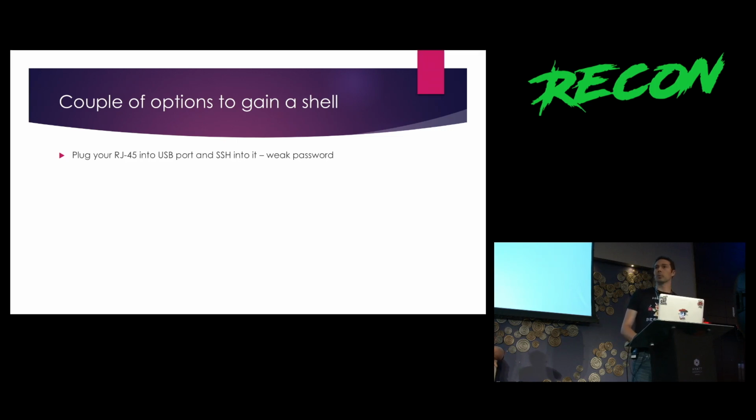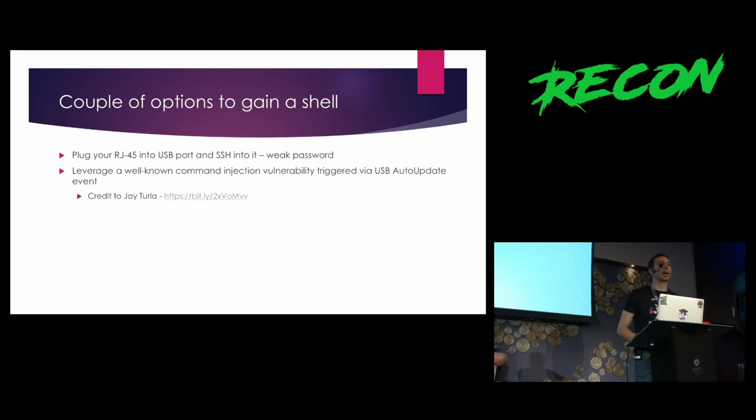But we kept exploring other venues. Soon we realized that last year, Jay Turla made popular a vulnerability that is a command injection in one of the components in the infotainment system, which I will explain a little bit more. This was also very nice because it affects firmwares earlier than version 55, which is exactly what we have here.